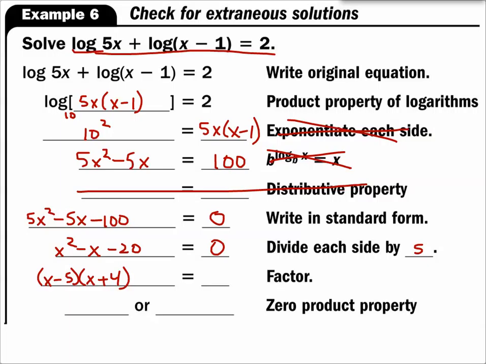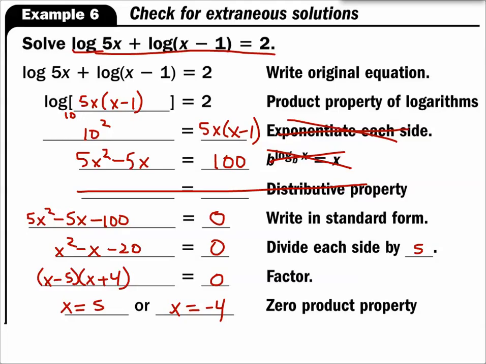Ooh, faster to factor. I like that. All right. Well, if we can factor it into x minus 5 and x plus 4, we know that x equals 5 or x equals negative 4. Boom. So those are our proposed answers.